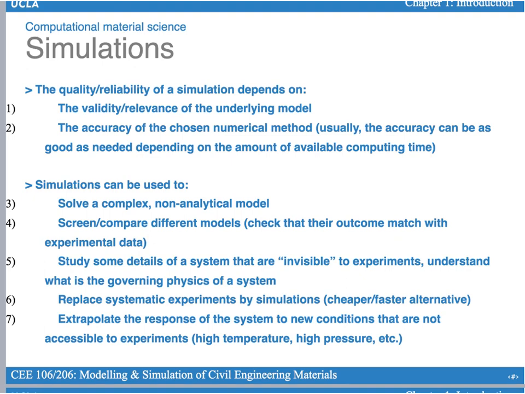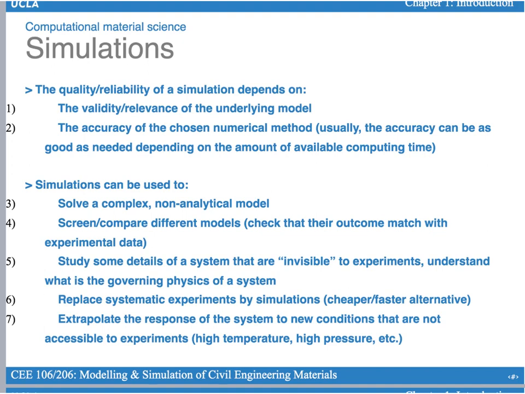Then you can use this physics to access details that are not necessarily accessible to experiments, and use it to gain new understanding about what is governing the response of materials, what is governing the atomic structure of materials, and how this atomic structure is responsible for the properties of materials, for example.